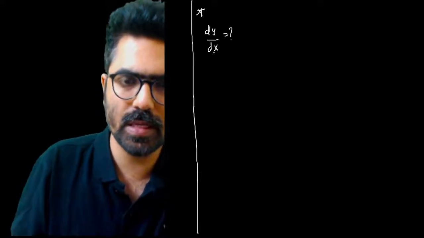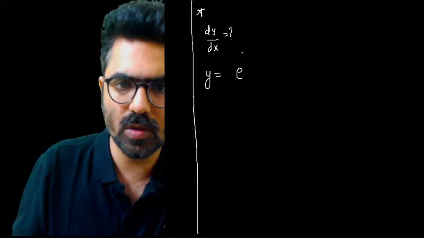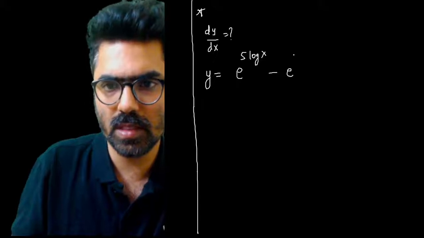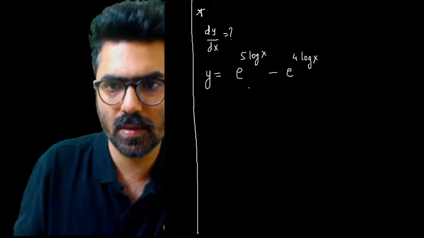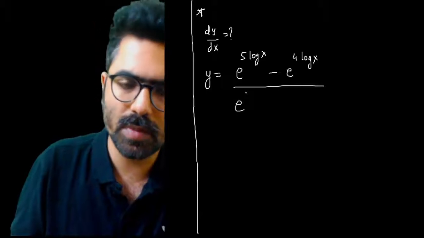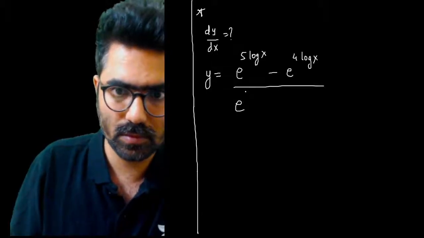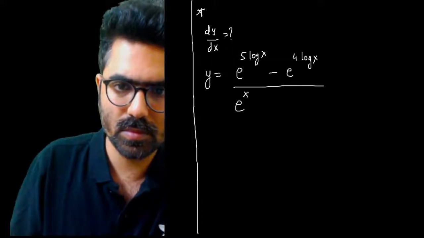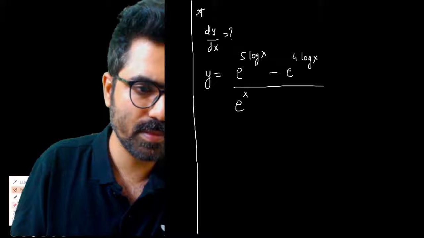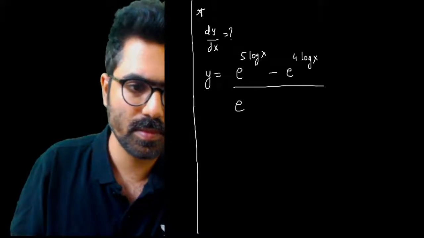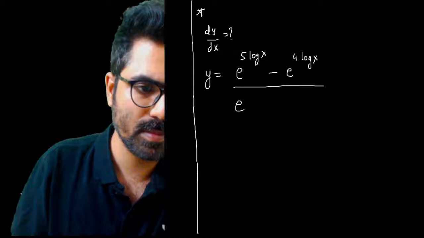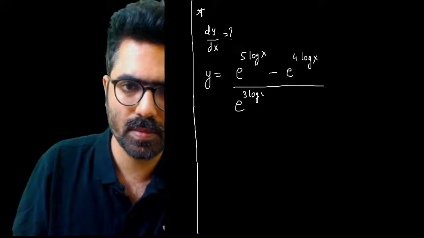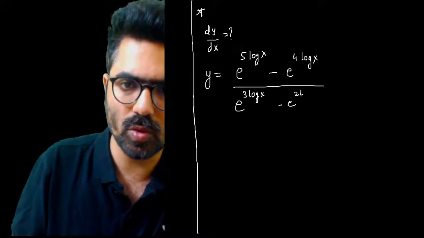You have to find the dy by dx. y is equal to e power 5 log x minus e power 4 log x upon e power 3 log x minus e power 2 log x.